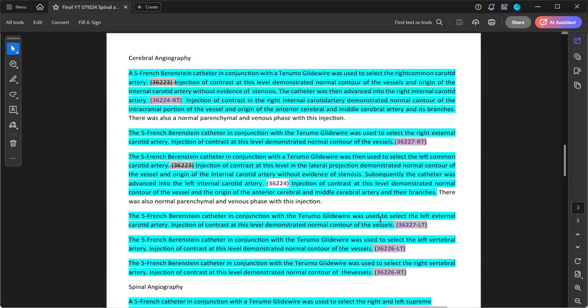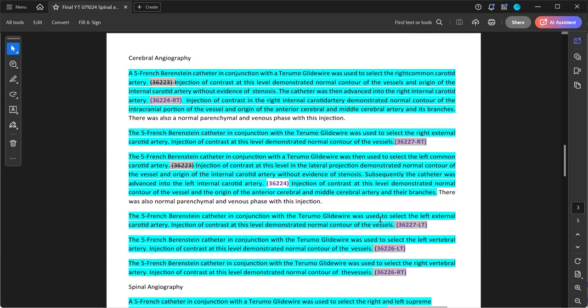So if the catheter hadn't been advanced any further, that would have been the code. But the catheter actually got moved further into that right internal carotid artery. So now that's going to change that to a 36224 with the catheter being advanced further and then an imaging occurring again of that internal carotid artery. So we have 36224 on the right side.